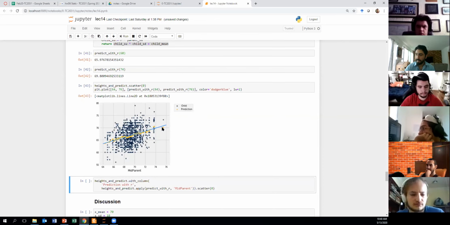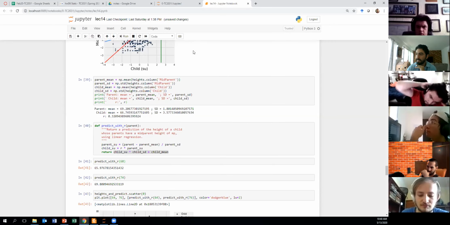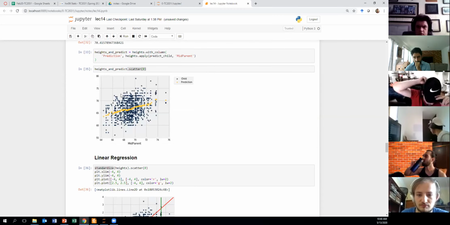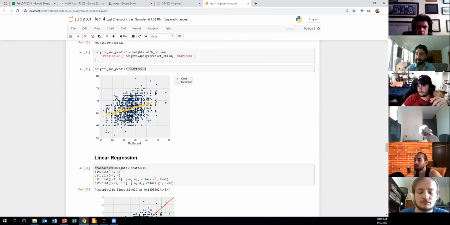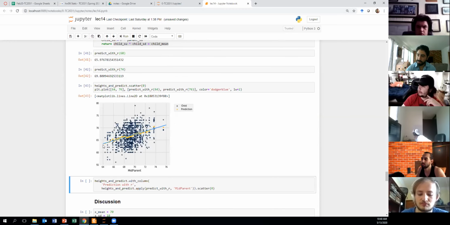So if I scatter this data, this is my data from earlier. This is exactly the same figure that we calculated, with all the yellow dots that I calculated using the average. And here I draw this blue line, which is basically my predictions using my R value.